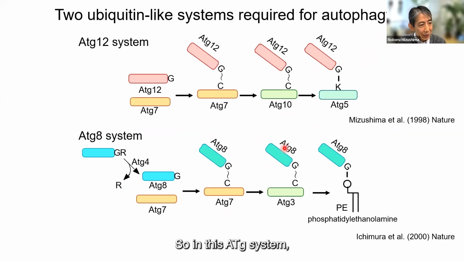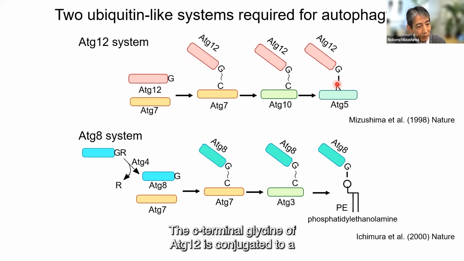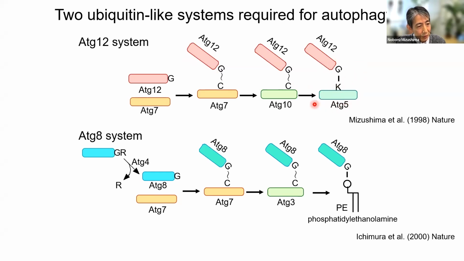In this ATG system, ubiquitin-like ATG12 is conjugated to another ATG protein, ATG5. The C-terminal glycine of ATG12 is conjugated to a lysine residue in ATG5, and this conjugation is mediated by two other ATG proteins.